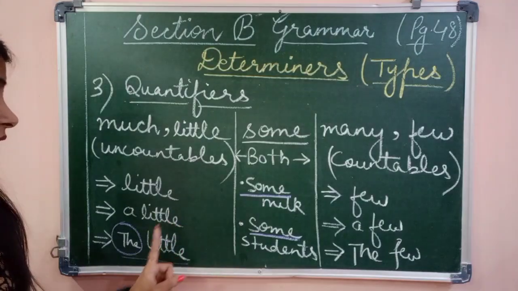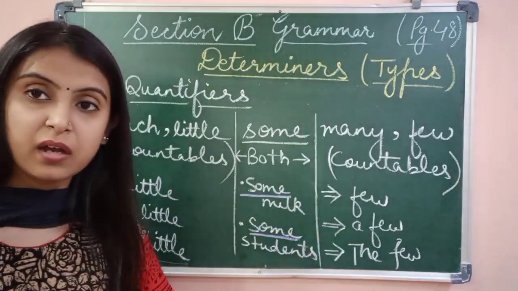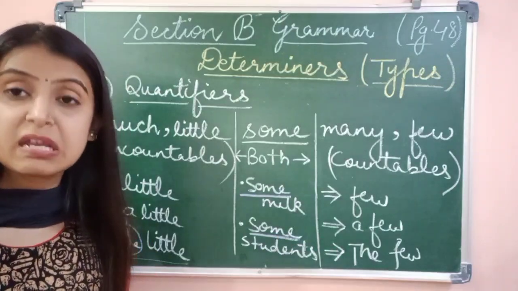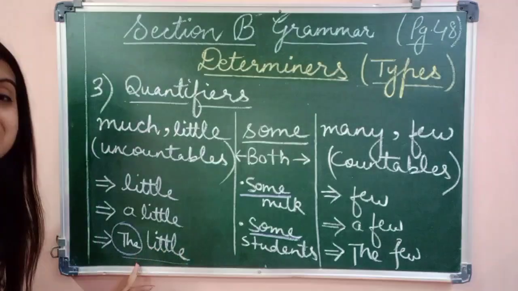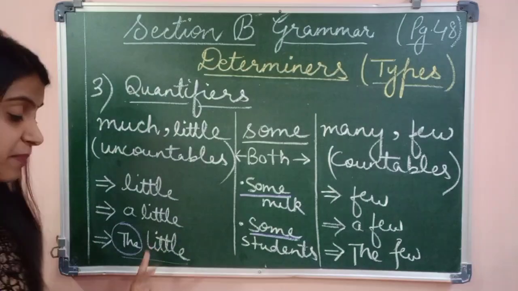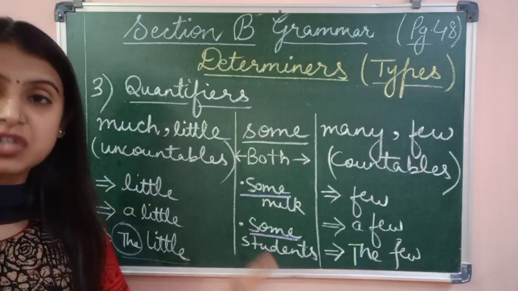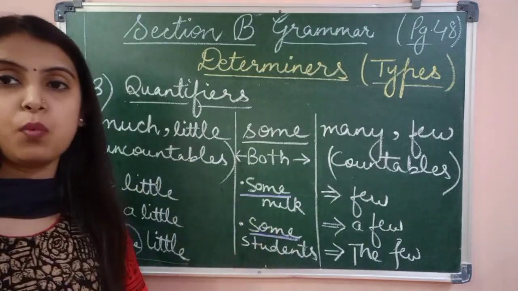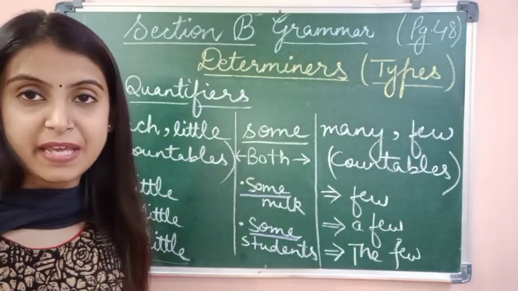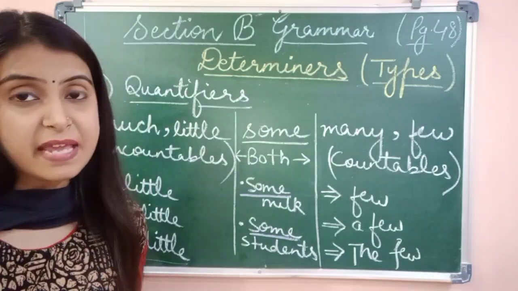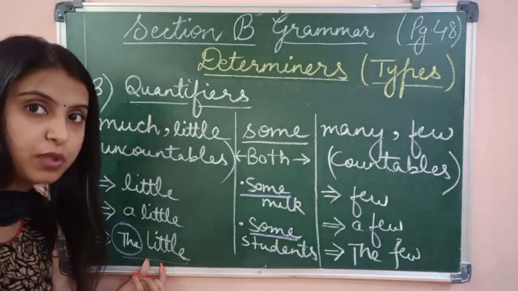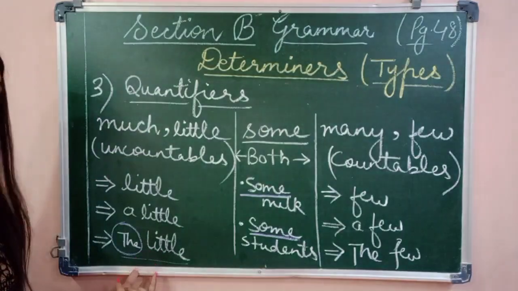Now if I say the little water in the jug is not enough to quench my thirst, it means I am specifying the water in the jug by using the word the little water. So whenever we have to specify any uncountable noun, we use the little.